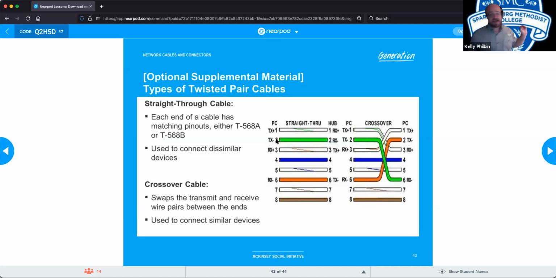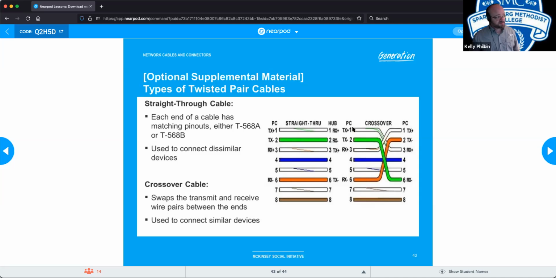That's where they send out their outbound communications, right? And then lines 3 and 6, that's where they receive their communications. So if I have a straight through connection from computer A to computer B, I'm sending outbound communications to their outbound line. They're not listening on that line. They're trying to talk on that line. So we can't hear each other.